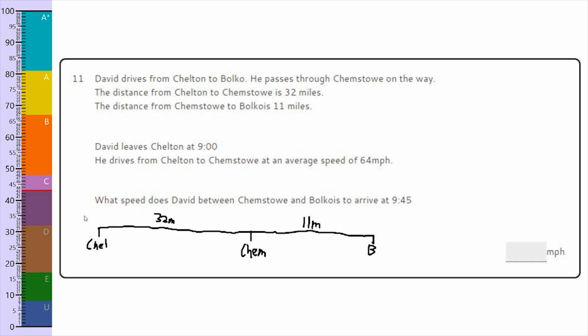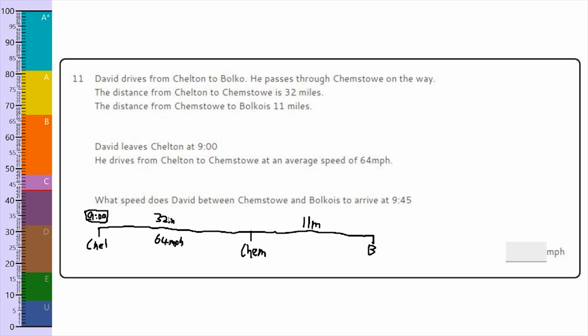He leaves there at 9 o'clock. I could write that down, why not? Okay, and that's the time that he leaves. He drives from Chelton to Chemstow at an average speed of 64 miles per hour, so 64 miles per hour.